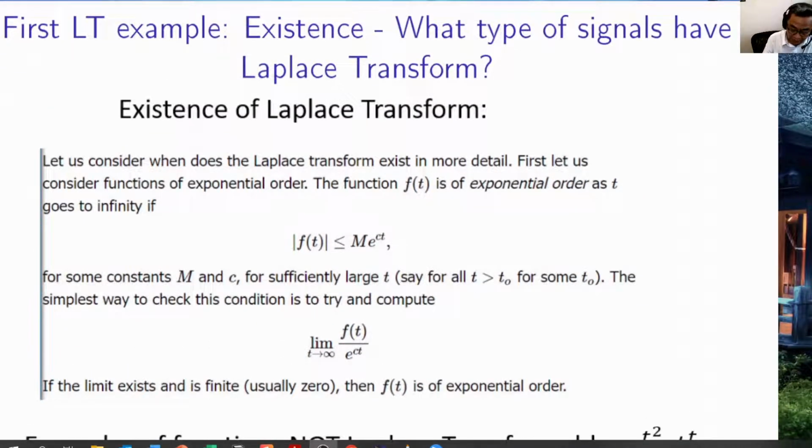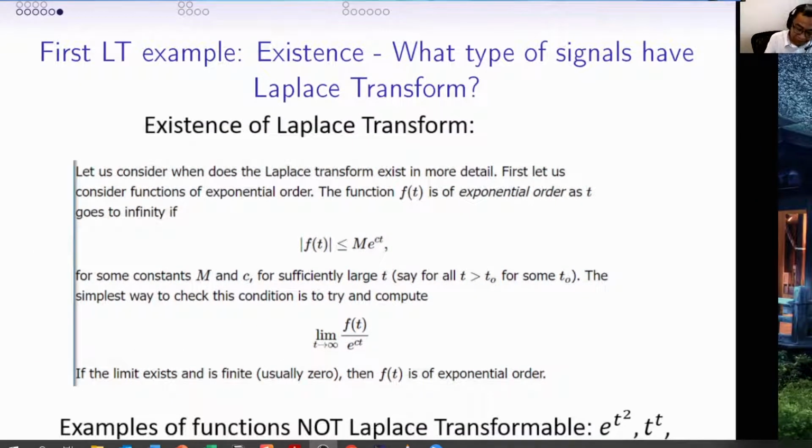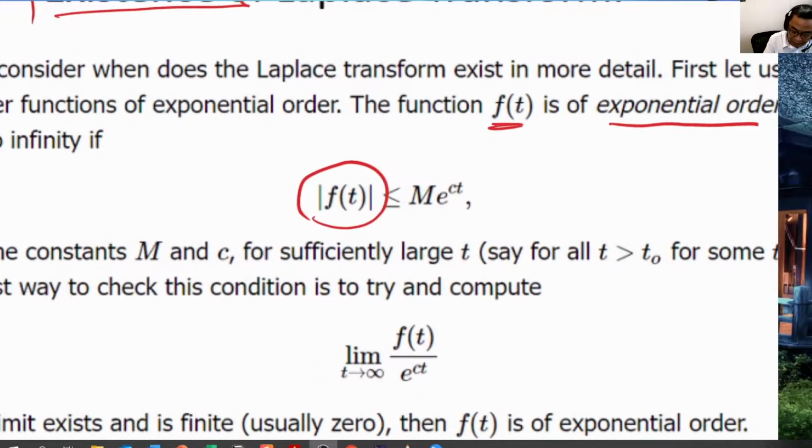Finally, the last slide for this part is talking about the existence of the Laplace transform. Not all signals are Laplace transformable. However, if the function f(t) is of exponential order, that means the absolute value of this function is less than some constant multiplied by e to the power ct, where e^ct is some exponential, and it can be growing, right?